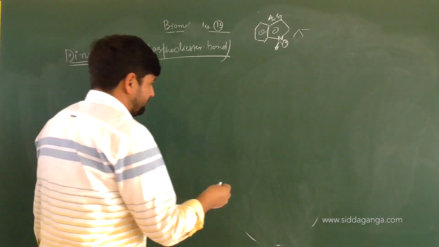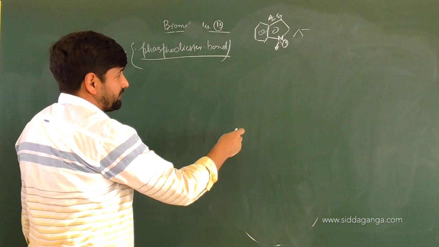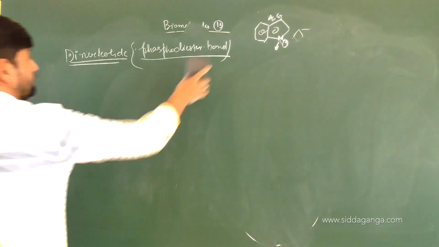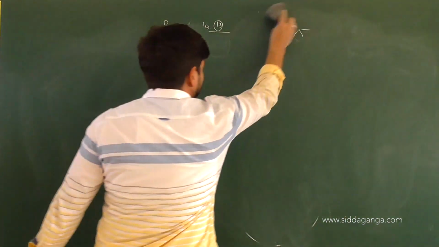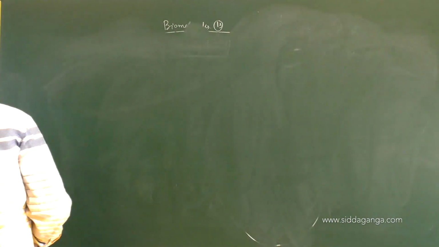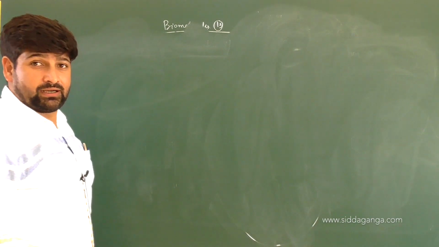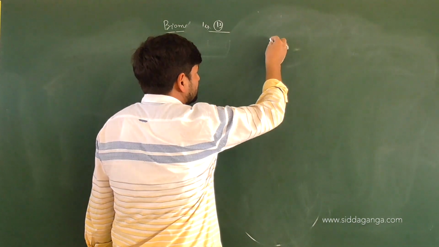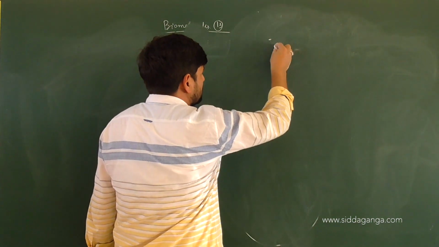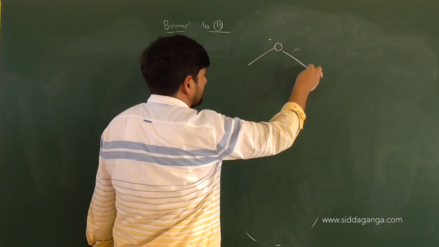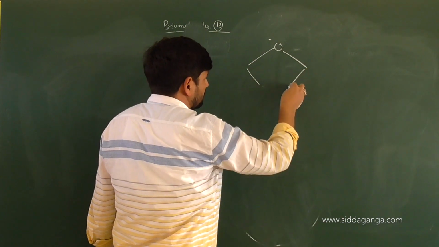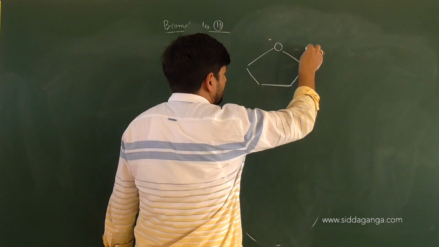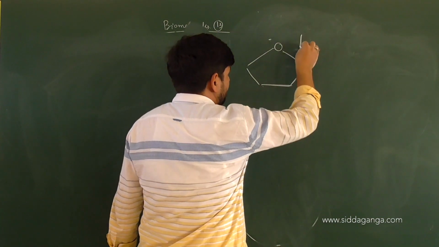So let us draw one nucleotide first of all. So I will draw one nucleotide here. Let me rub it off so that the whole structure will come. Okay, I'll draw one nucleotide here. Yes, have a look. I will mention this one.